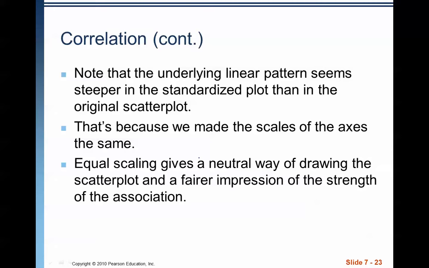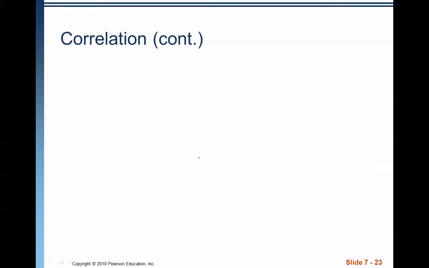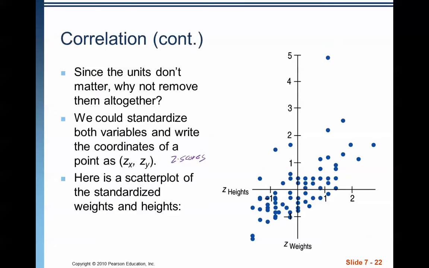But the actual way that we made those z-scores, that scaling that we gave it, now gives it a neutral way of drawing the scatter plot. It helps us give a fair impression of the strength of this association. So it gives us a much clearer idea of how strong it is. It also helps us quantify it with a number.